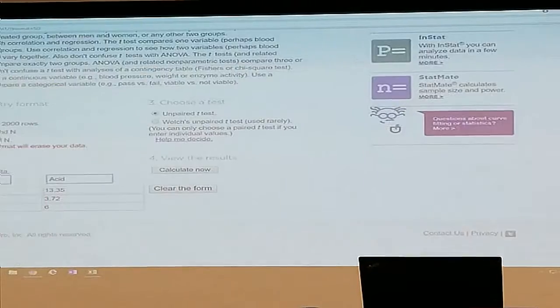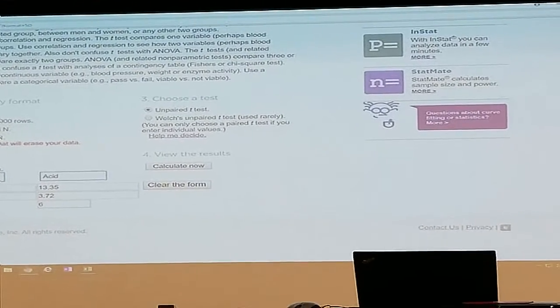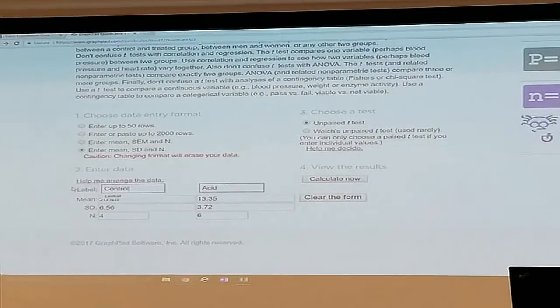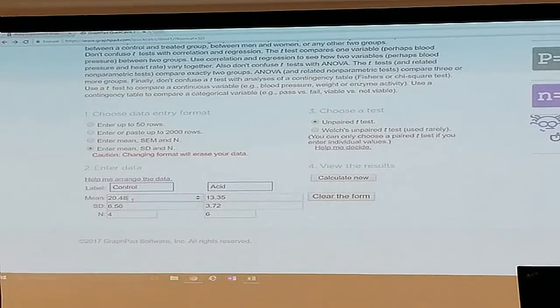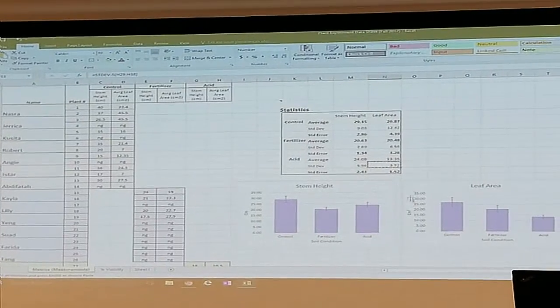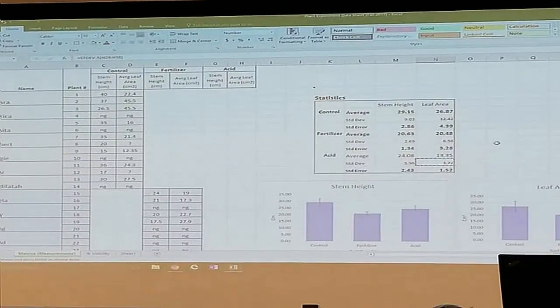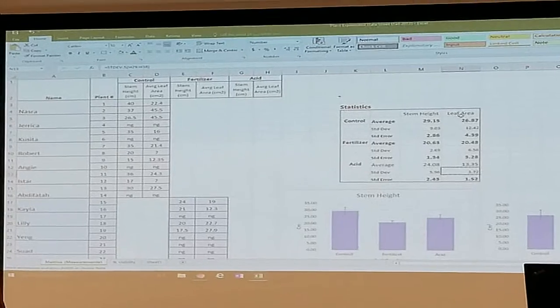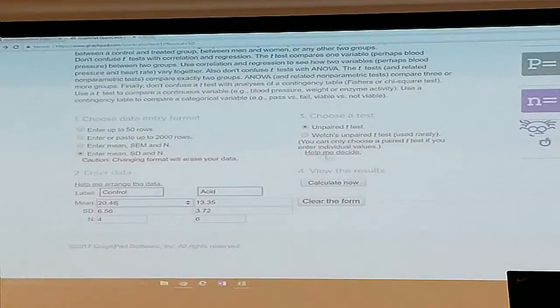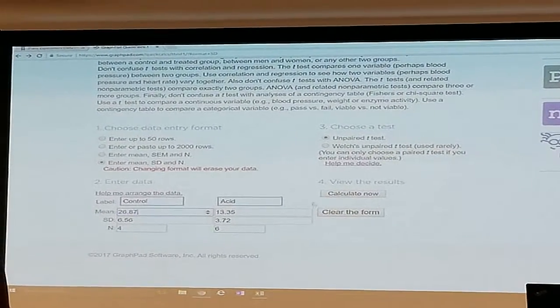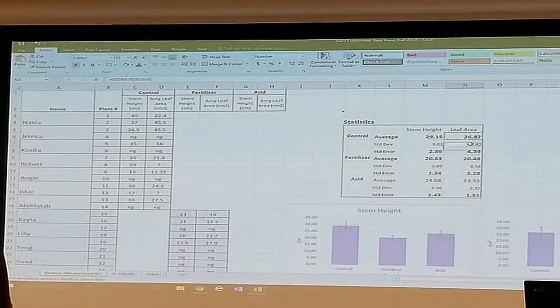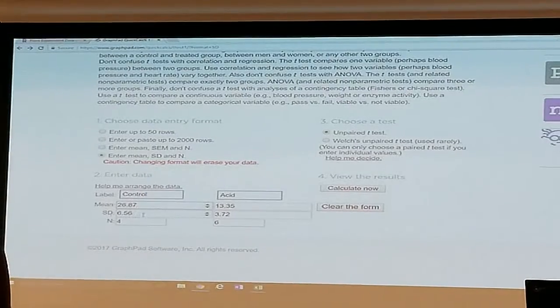All right, so let's go back here again. We're going to compare now the control and the acid group. So the control group, what was the average leaf area for our control group? Yeah, 26.87, that's this one right here. Okay, so put that in there, and then the standard deviation is right here, 12.42.